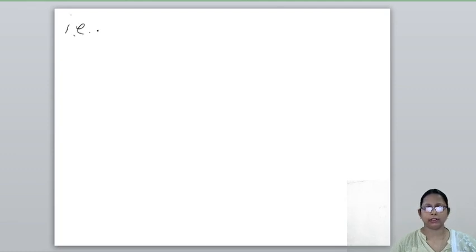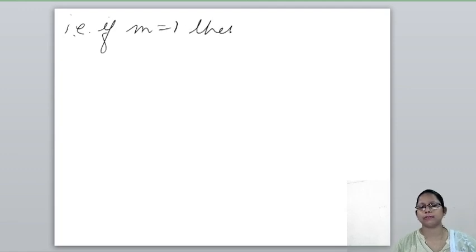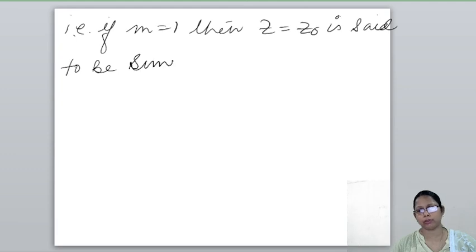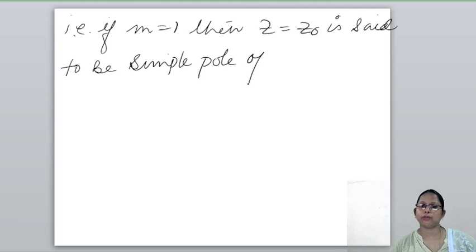That is, if m is 1, then z equal to z naught is said to be a simple pole of f(z).